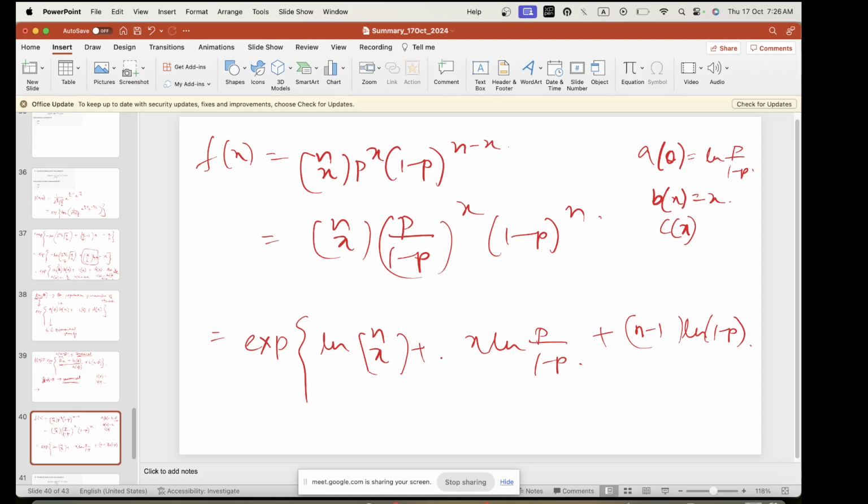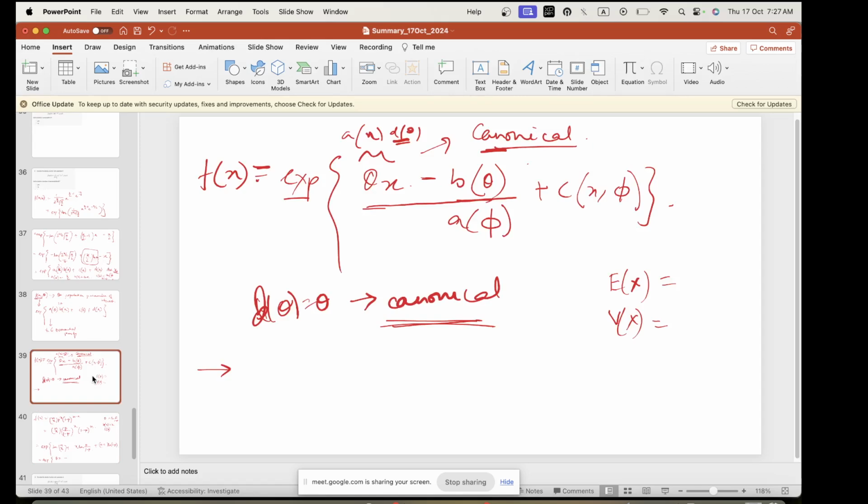Okay, so this is theta into x. Okay, no, so theta is ln p by 1 minus p. Alright, so here we have exponential of theta x minus b theta by a phi.